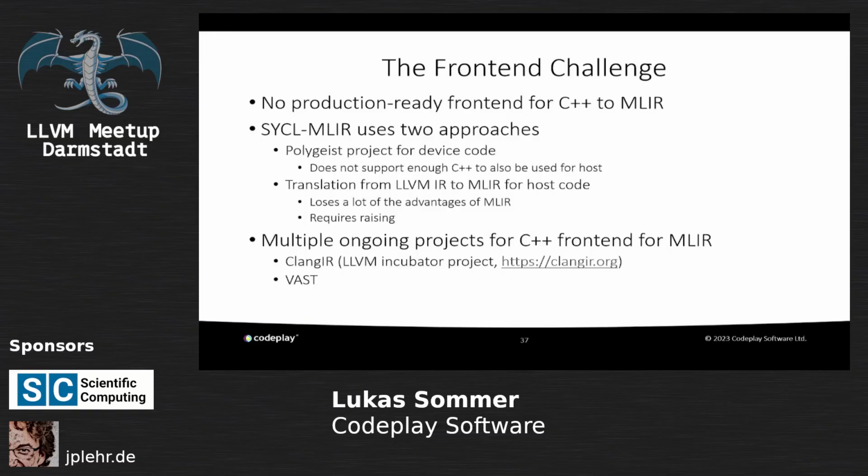So I think by the end of, or by fall, ClangIR should be able to compile much more of C++ to lower level MLIR dialects. VAST is also working on end-to-end compilation, but for them it's mainly about verifying that their front end does sensible things. It's not so much about performance optimizations.